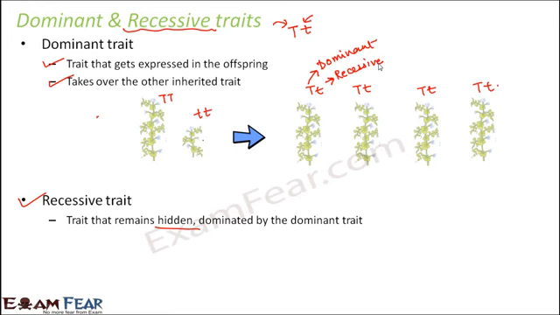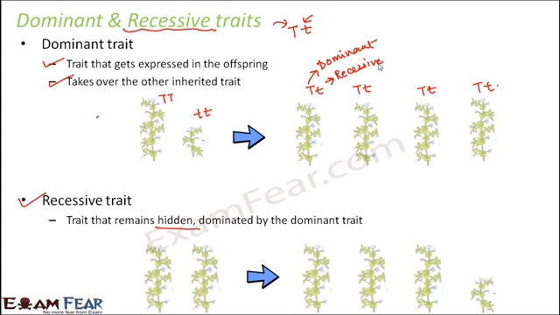But there also, in the F2 generation, not all of them were dwarf. Only 25% of them were dwarf. So at least somewhere it gets expressed, but otherwise it remains hidden. Whenever it is heterozygous, it gets dominated by the dominant trait. It gets expressed only when both the alleles are recessive. So in the F2 generation, as you saw, here it was capital T small t and this was capital T small t.